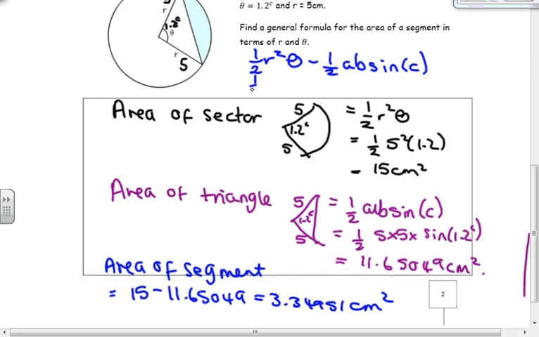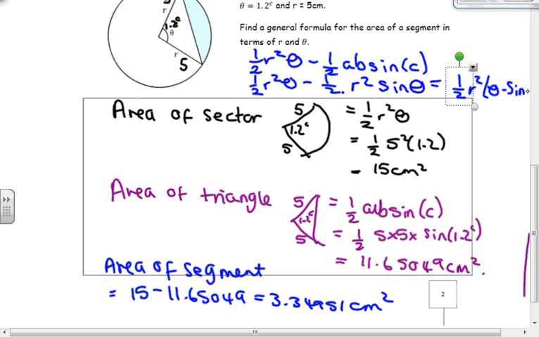So we did a half r squared theta minus a half r squared sine theta. So we could take a half r squared out, and we would just be left with theta minus sine theta. And that would be a general formula for finding the area of a segment.